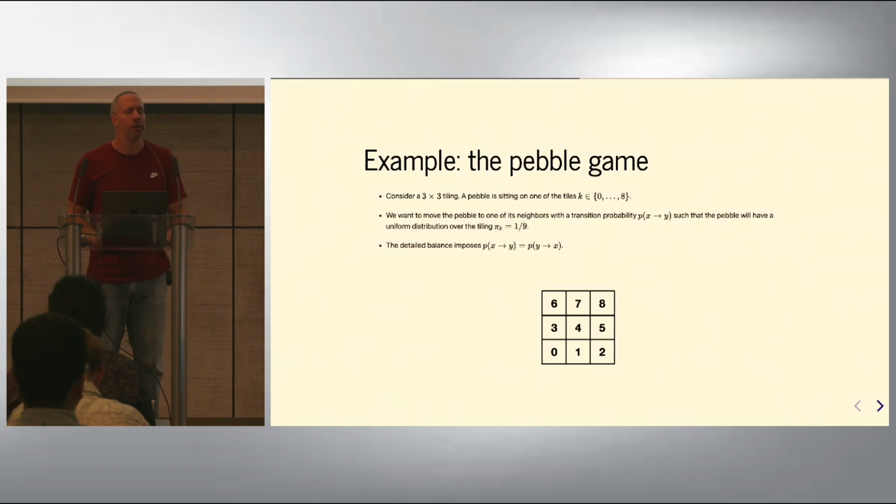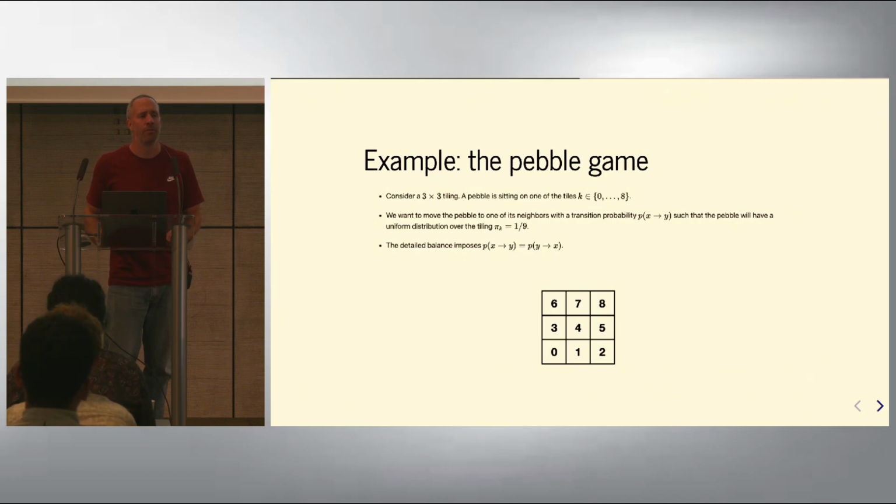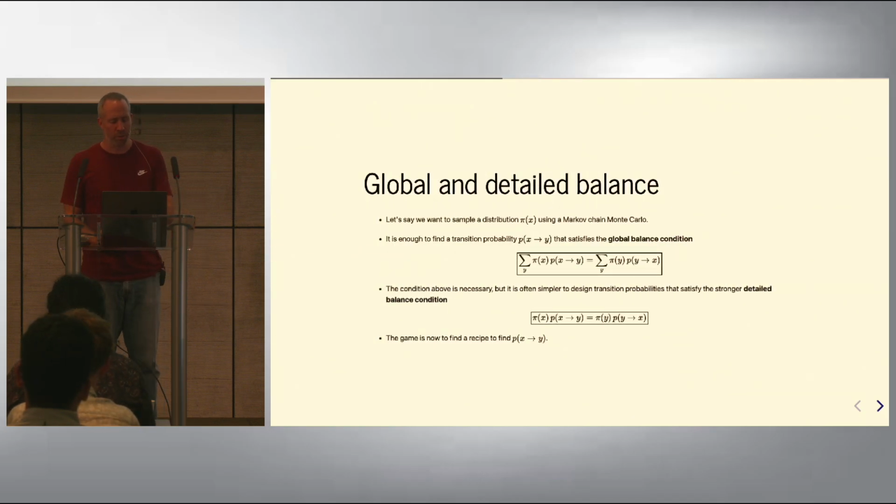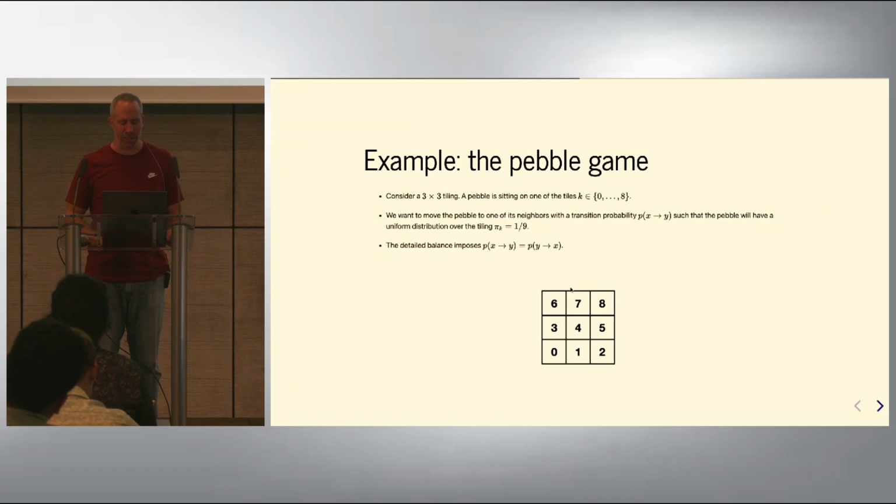Does this global balance guarantee ergodicity? The moment your detailed balance is satisfied, automatically the global one is satisfied as well. Finding an algorithm here that would only satisfy the global balance but not the detailed one, I'm not sure I have one in mind. I suppose you can cook up something.